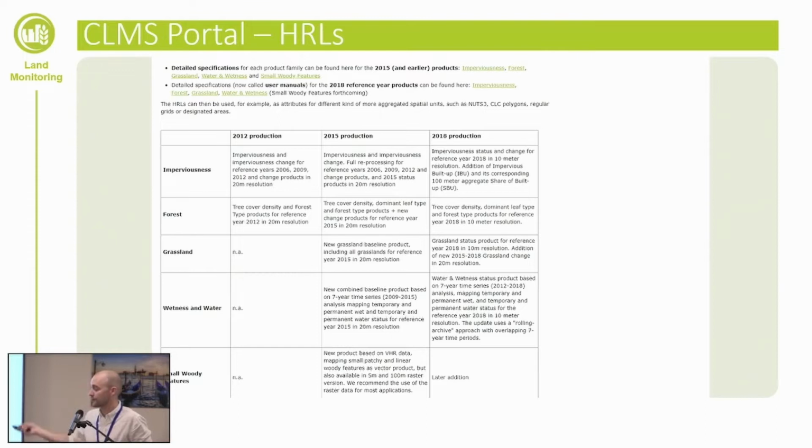In this example we provide a history of the production, to be able to follow how the products have evolved over time and what layers you can expect for the respective products.